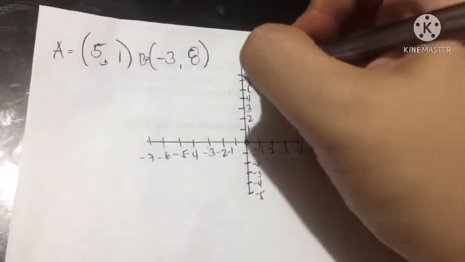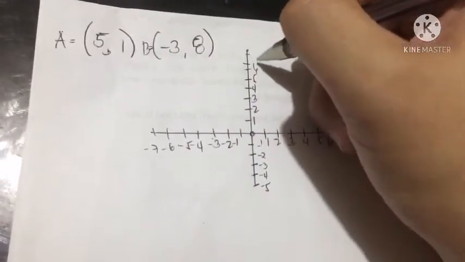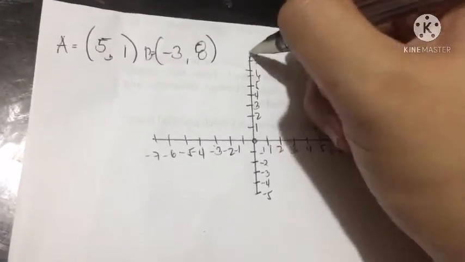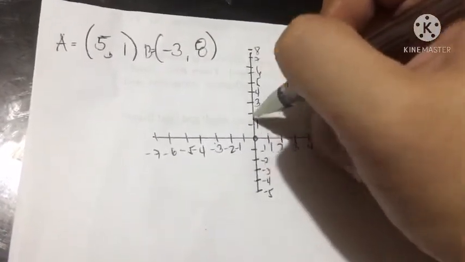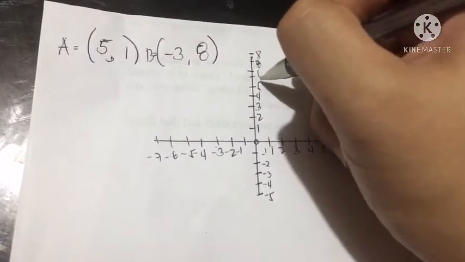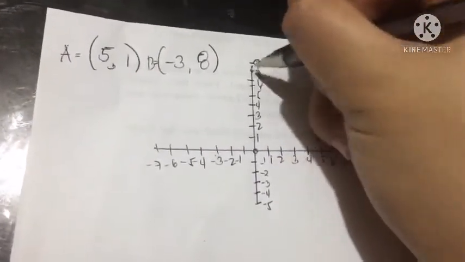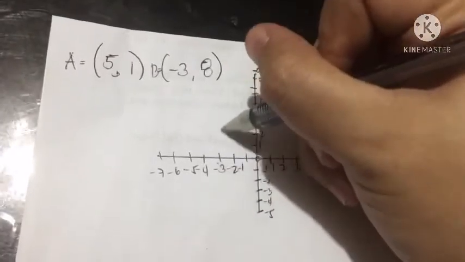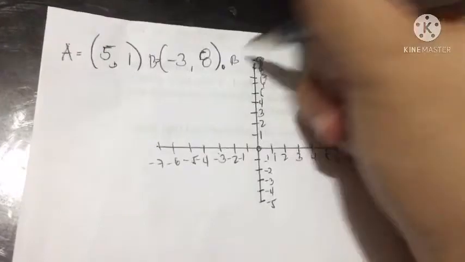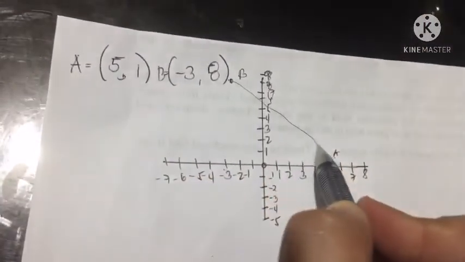So, positive 8, 1, 2, 3, 4, 5, 6, 7, 8 dito siya. Ito ang negative 3 natin, papunta dun sa 8. This is letter B. So, gaano daw kalayo from point B to A or point A to B?